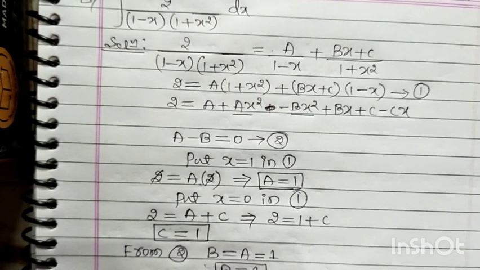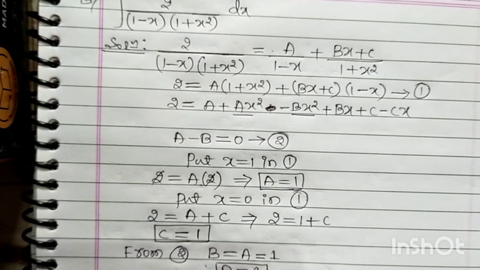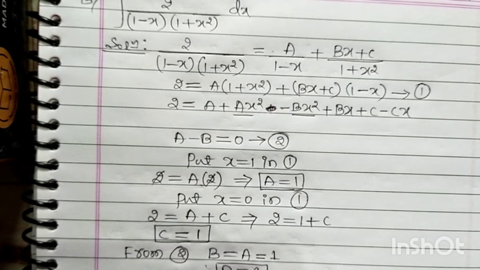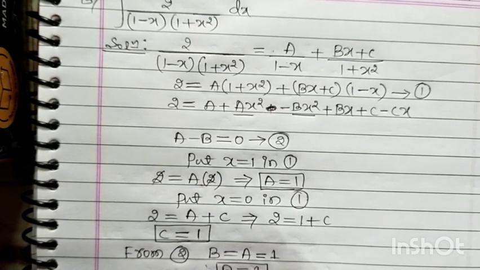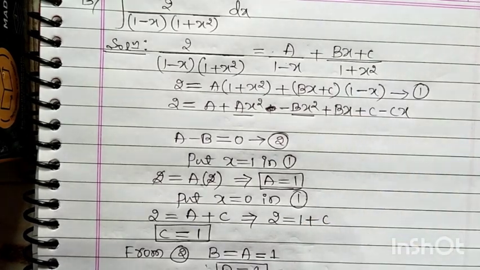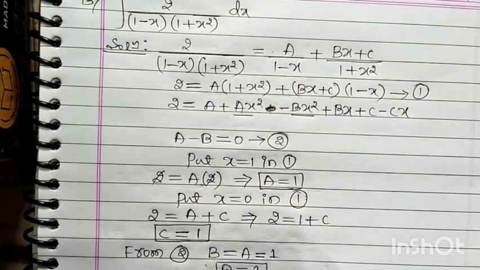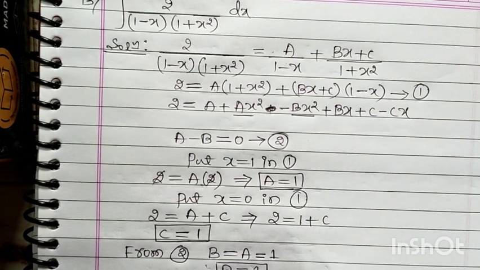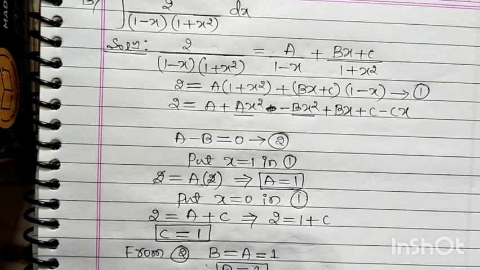2 divided by (1 minus x) into (1 plus x square) is equal to 1 divided by (1 minus x) plus b into x, that is 1 into x will be x, plus 1 divided by (1 plus x square).